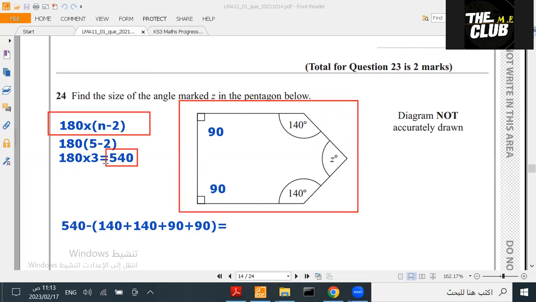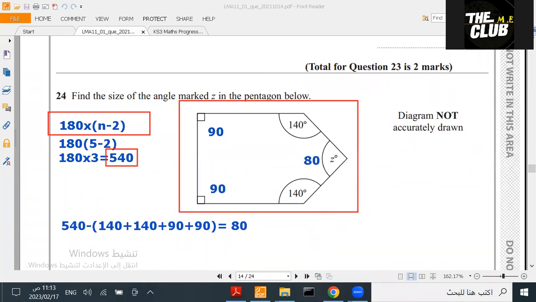Now I'm going to subtract the 460 from 540. That gives 80, and this is the angle Z. So Z equals 80. That's the idea for this question.